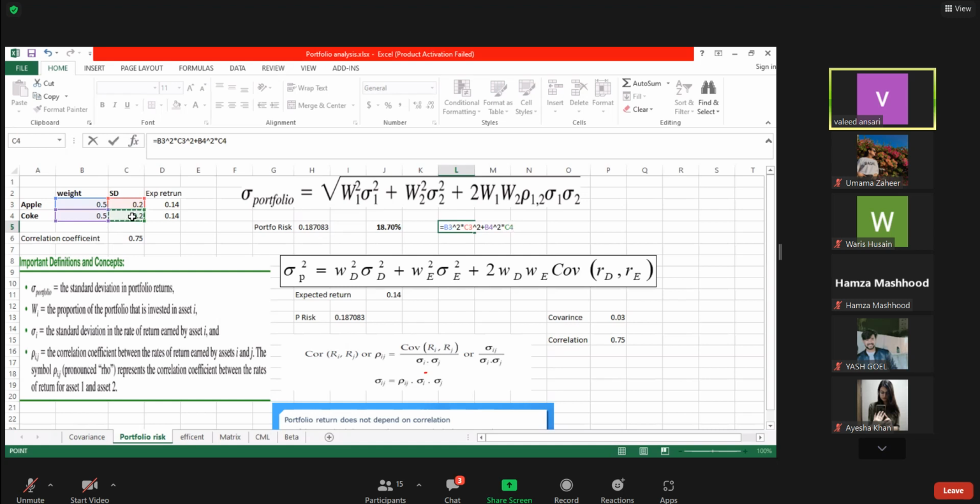Okay, and sorry, this is the second term, and then 2, then multiplied by the W1, this is the weight, then another weight of W2, and then the respective standard deviation.